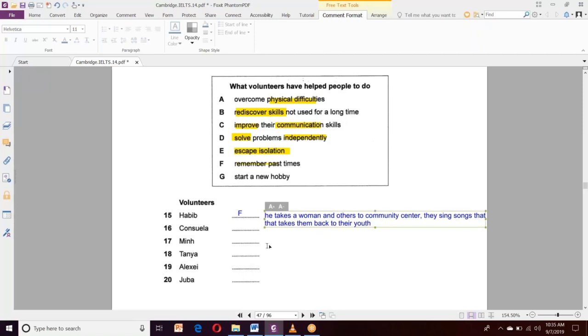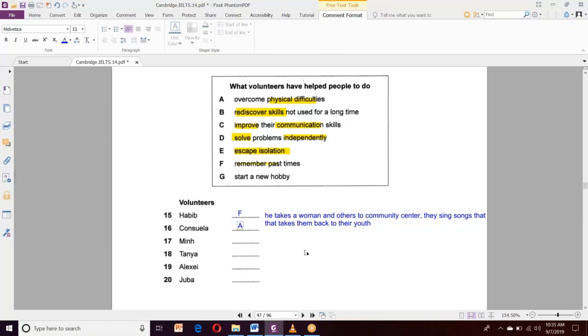All right, now 16. What's 16? All right, great. So 16 was straightforward, right? They said that this person has physical difficulties. He helps people, or she helps people with similar difficulties.